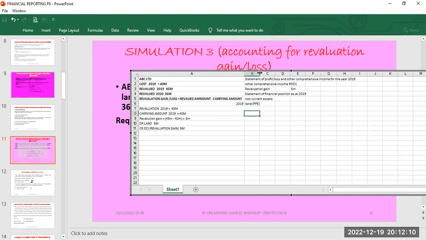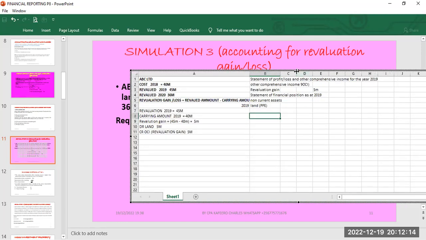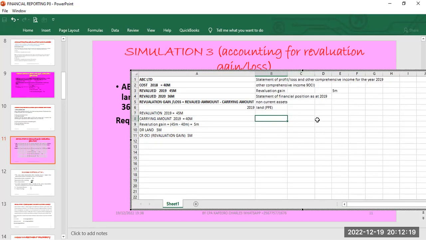As you know from what we defined as an item of PPE. Okay. When we take these figures, now we said we are taking the revalued amount. Even if it is the lowest, we take it, which is 45 million.